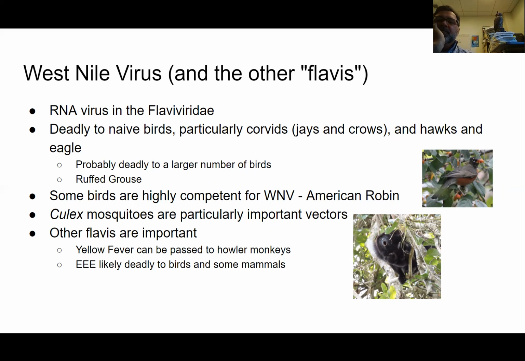There was an initial wave that really did damage to corvids and hawks and eagles. And it looked like birds recovered, and then a second wave went through, and there's probably other birds that are affected and knocks their populations down. We're just not sure.